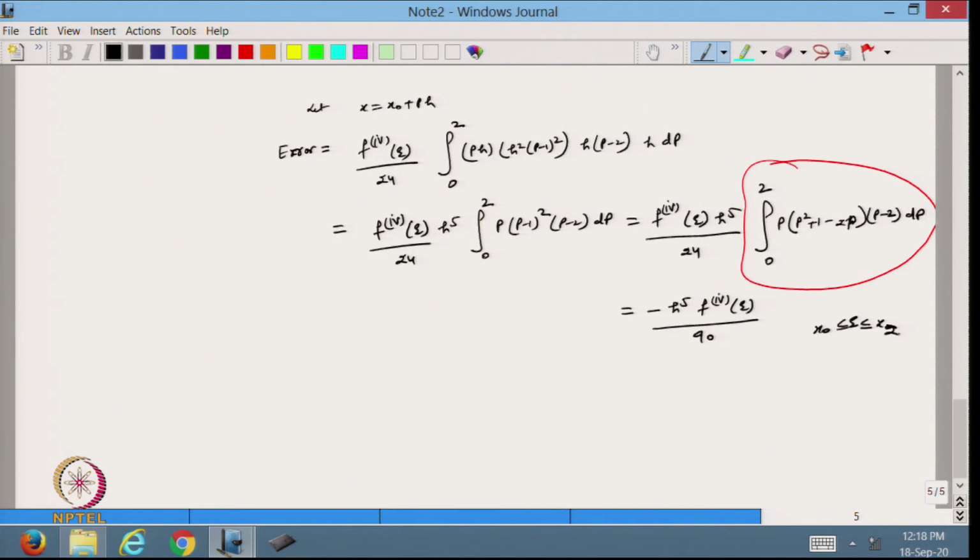So, this calculation you can do, and you will get the 90 value. So, from here I can say that this is my error.